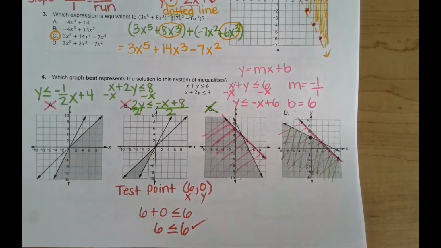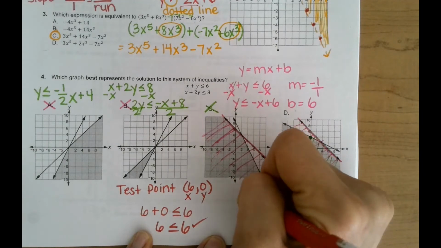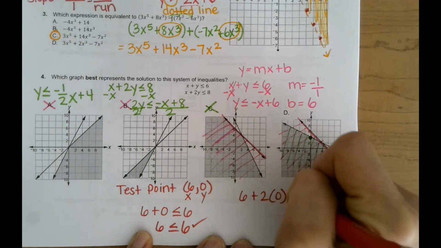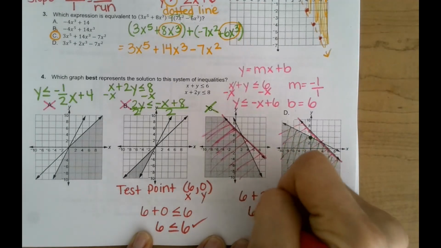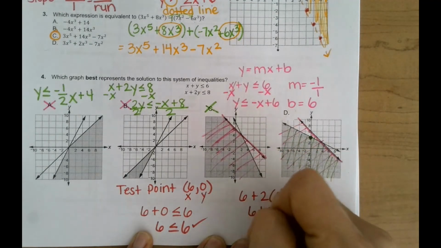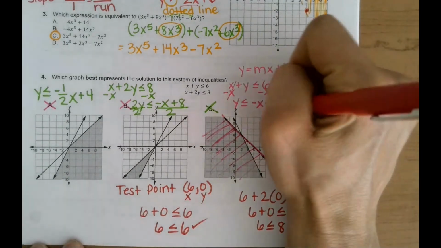So that checks out. Then I need to plug it into my second equation. 6 plus 2 times 0 is less than or equal to 8. 2 times 0 is 0. 6 plus 0 is less than or equal to 8. 6 is less than or equal to 8. Checks out. My answer is D.